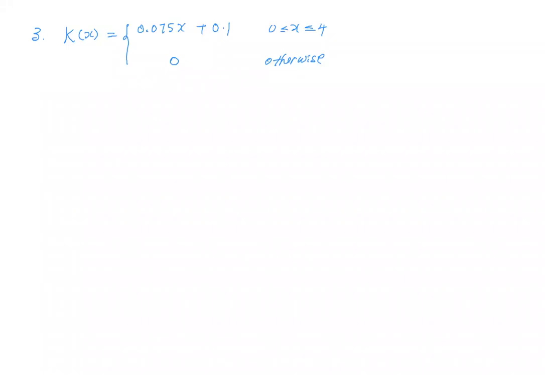So we sketch a graph. That is the best way. So the graph that we have, others are 0. Here is your 4. So start from 0.1. You go right up to here.